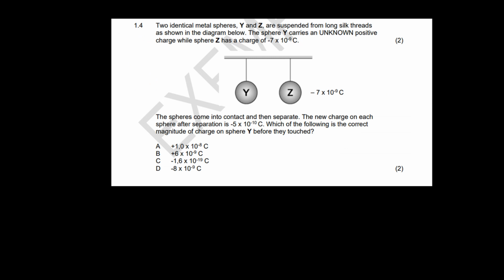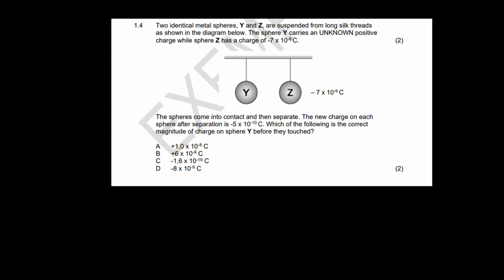Question 1.4. Two identical metal spheres, Y and Z, are suspended from long silk threads, as shown in the diagram below. The sphere Y carries an unknown positive charge, while sphere Z has a charge of negative 7 multiplied by 10 raised to the power of minus 9 coulombs.